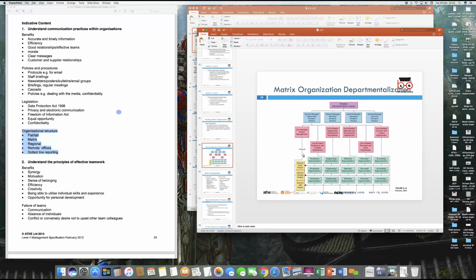A simple example that I would give, just to make it clear: if you have a Tesco store in London, the general manager, the person who heads that particular store as a director for that store, is able to work with a regional manager who manages maybe 10 other stores in that geography.